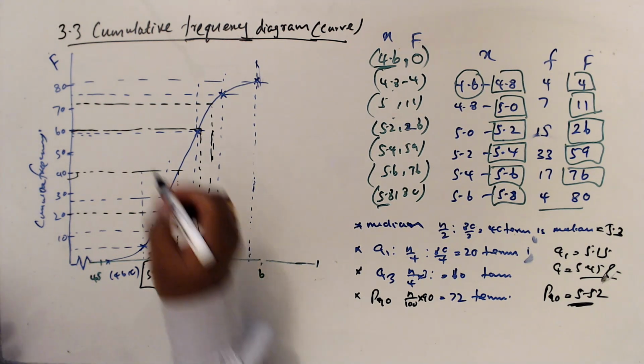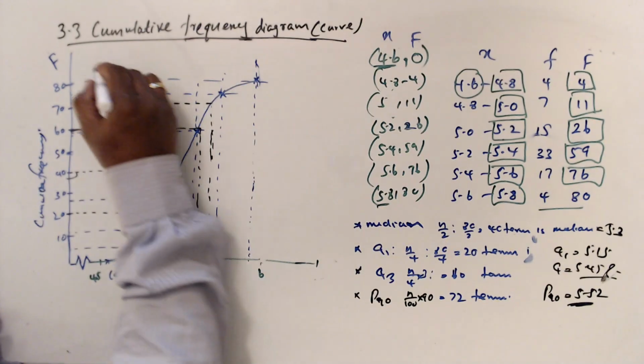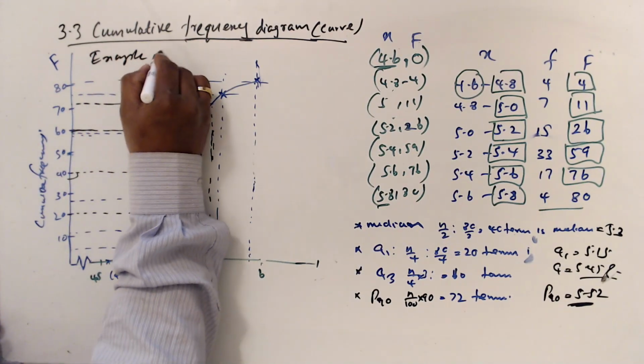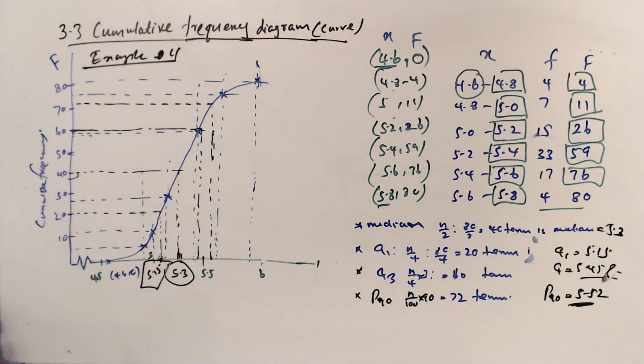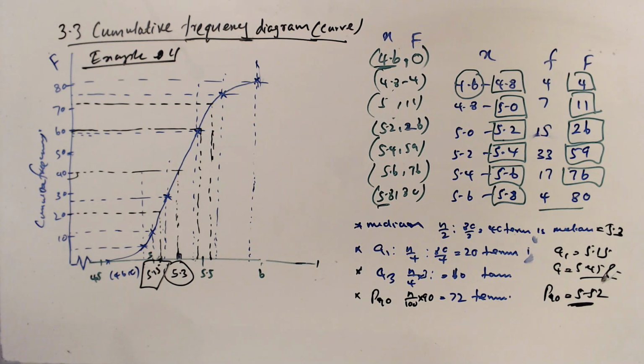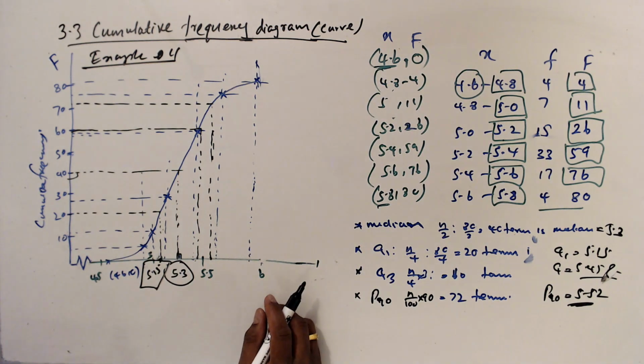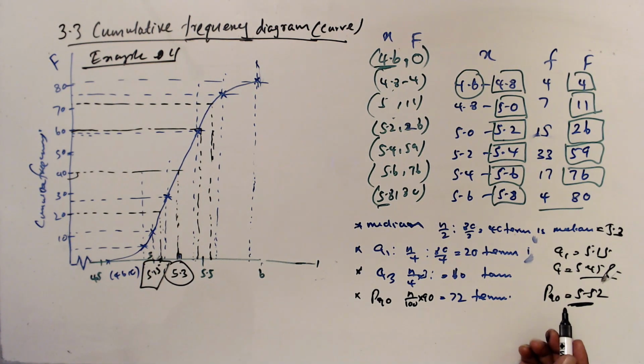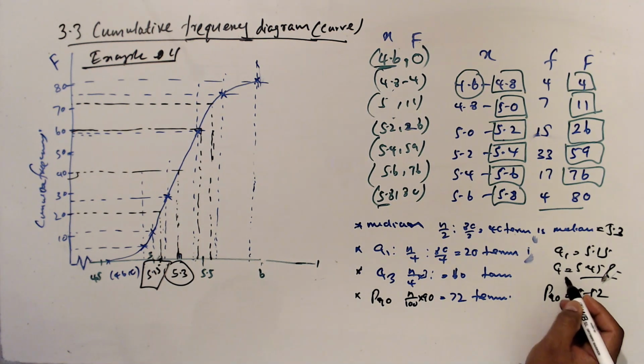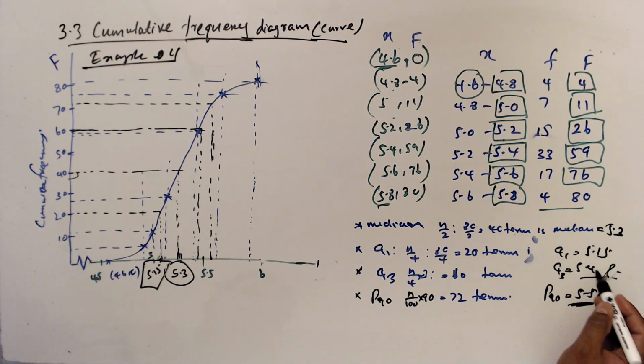Now you can see in the book, this is example number 4, where you can see the exact graph. Part A is to draw the cumulative frequency diagram, and B is to estimate the median, lower quartile and 90th percentile, and draw a box plot. I changed this quartile value to 5.41.